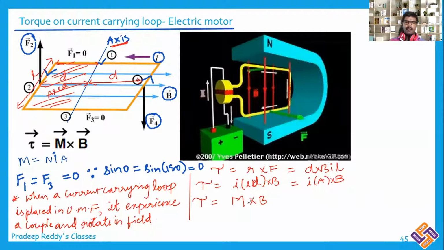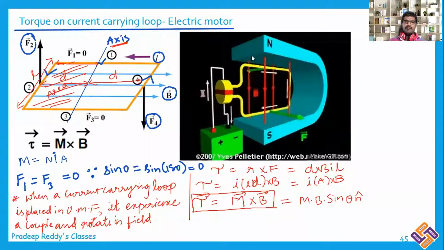So the torque acting on the current carrying loop placed in an external magnetic field is equal to M bar cross B bar, or you can write it as M B sine theta n cap, where this n cap is perpendicular to both the magnetic moment and the magnetic field.